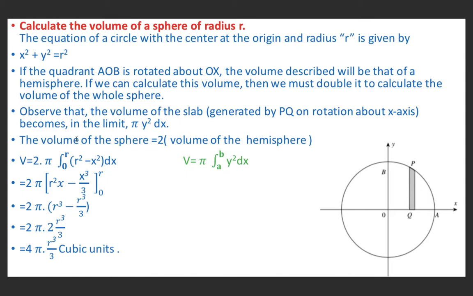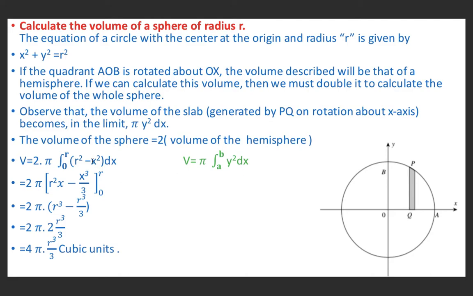Therefore, the volume of the sphere is equal to twice the volume of the hemisphere, because we have considered the rotation of only one quadrant. If we rotate only one quadrant, we get only a hemisphere. So, by the formula, V is equal to pi times the integration from a to b of y square dx.